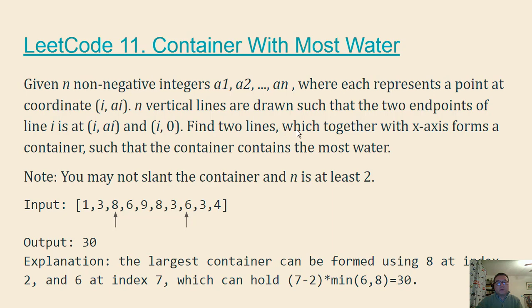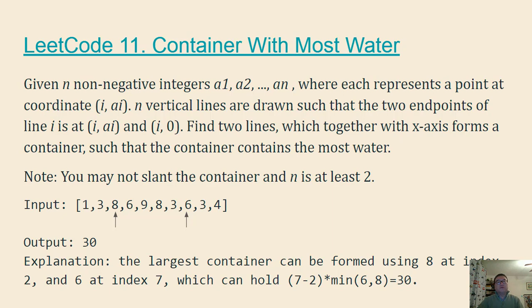So we view the x-axis as the bottom, and then we can choose two of these vertical lines at the two sides, and then they form a container. And the goal is to find the container that contains the most water.